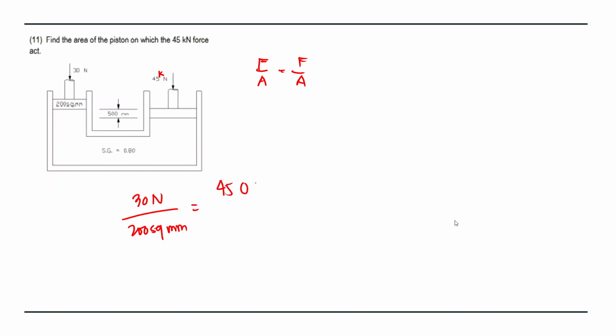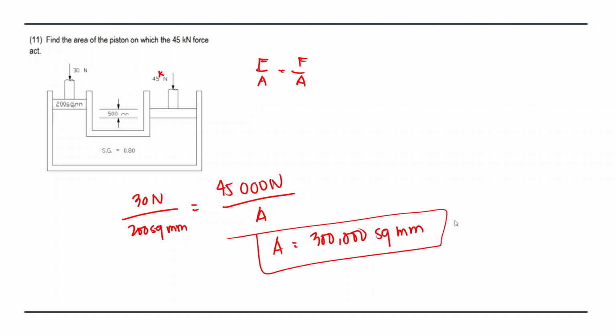So, gawin natin itong 45,000 Newton over X or the area. Kunin natin yung area: 30 over 200 equals 45,000 over X. Shift solve. Ang area natin dyan ay 300,000 square millimeter. So, that's it. Ito na po yung sagot.